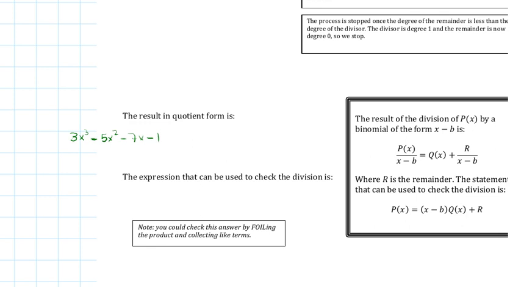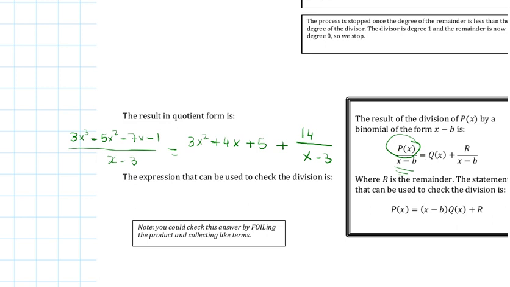So that's going to be 3x cubed minus 5x squared minus 7x minus 1 divided by x minus 3. And that's equal to your quotient, which is 3x squared plus 4x plus 5, and then plus your remainder divided by your divisor.